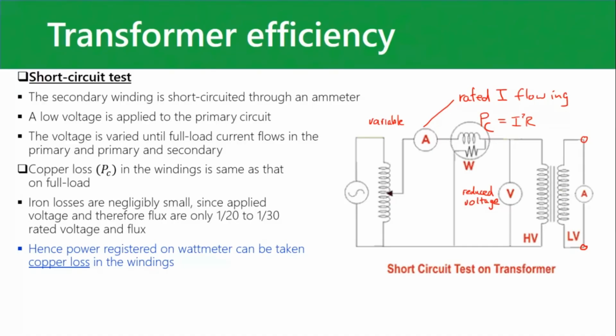So if we know that power, and we know what these losses are in the windings, it enables us to work out the current there, and work out the resistance.